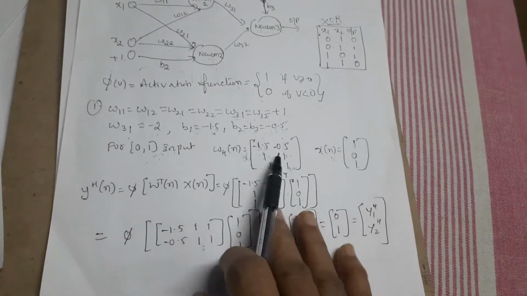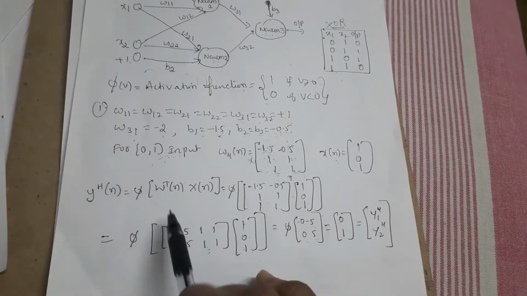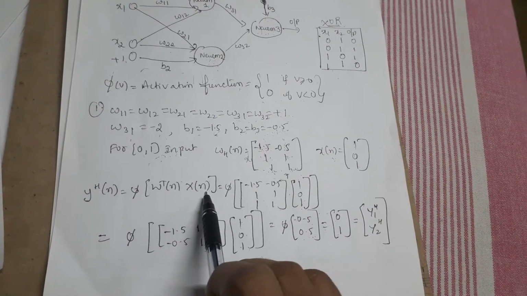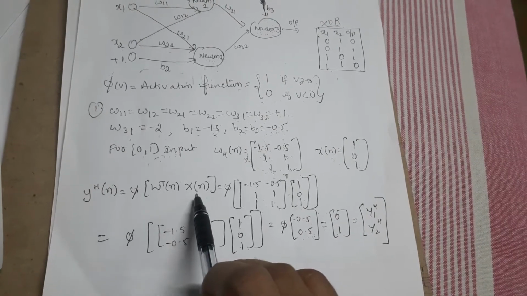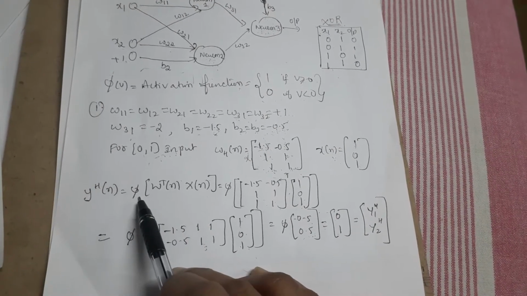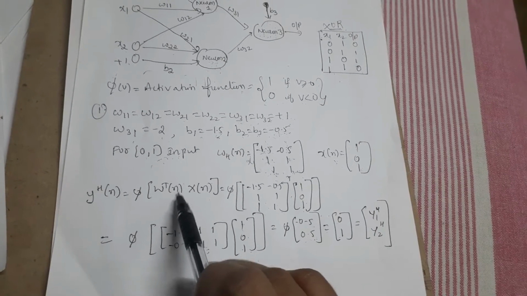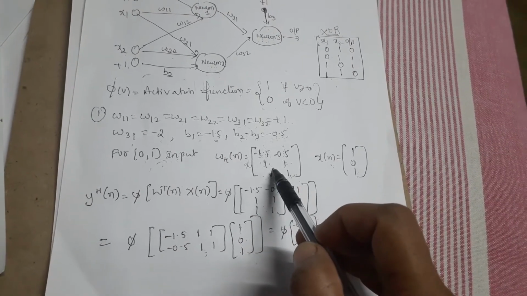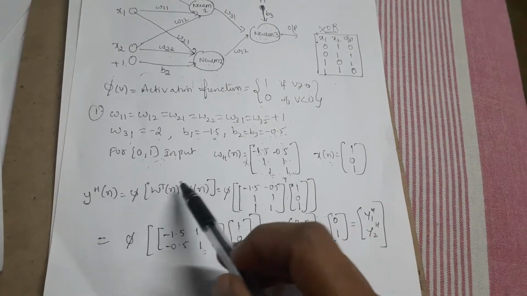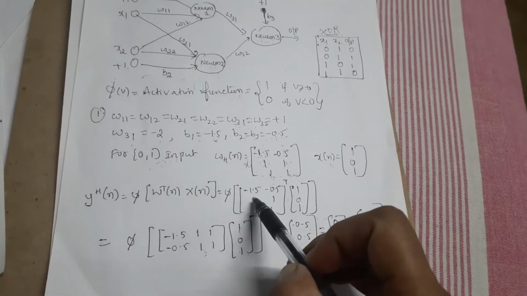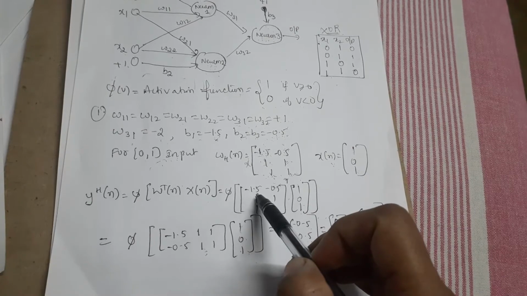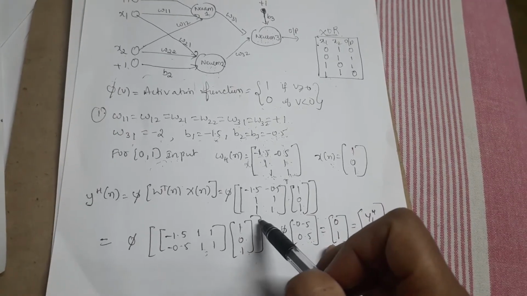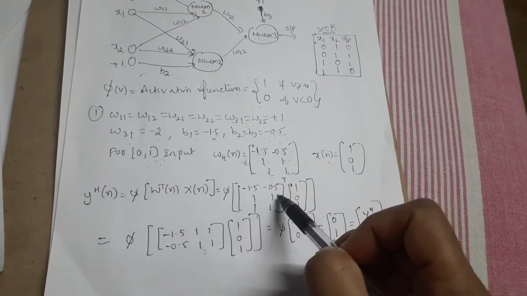Now let us see how we can obtain the output. It is the same as explained in the previous video. The weight is multiplied by the input and you have to apply an activation function. It is the transpose of the weight times the input. Since this is a multilayer perceptron, the transpose is the main criterion here.